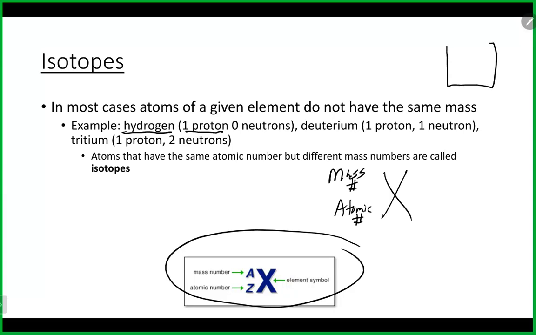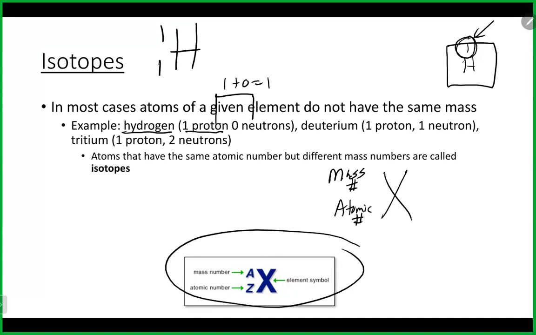If I wasn't sure how many protons it has, I could go to the periodic table and find its number, which is number 1. And I know the symbol for hydrogen is H. Its atomic number, which is this number, would go bottom left. Its mass number is protons plus neutrons, which would be 1 plus 0 is 1. And that would be the isotope symbol for hydrogen.